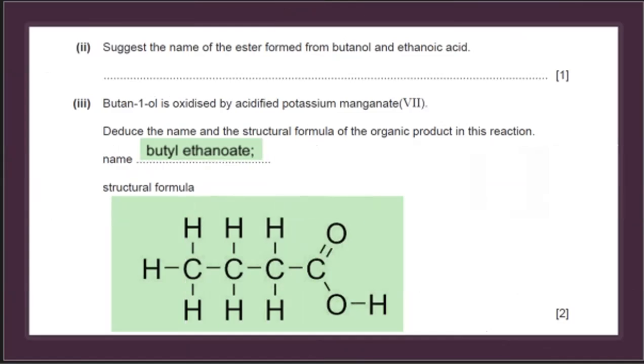All right, so the next part of the question: suggest the name of the ester formed from butanol and ethanoic acid. What we do, to the alcohol part of it, we add YL. So we end up with butyl.